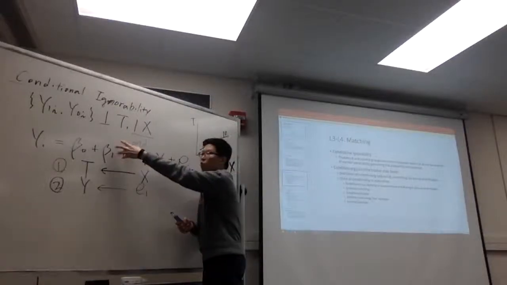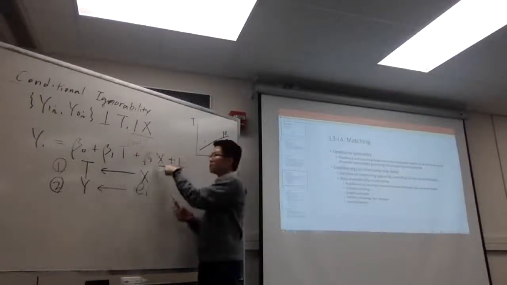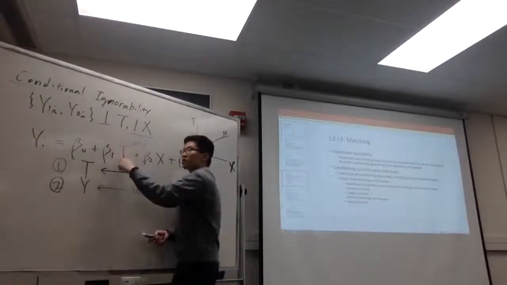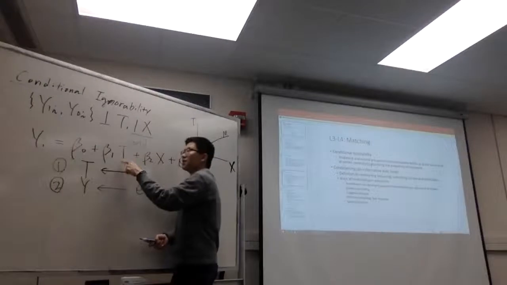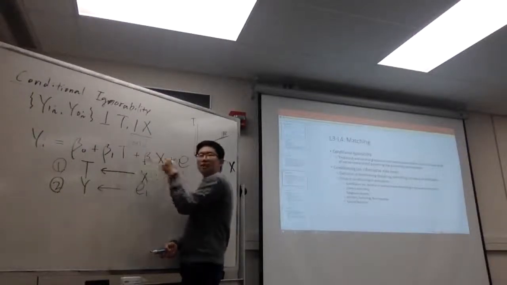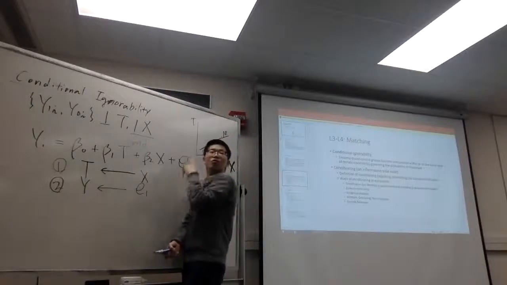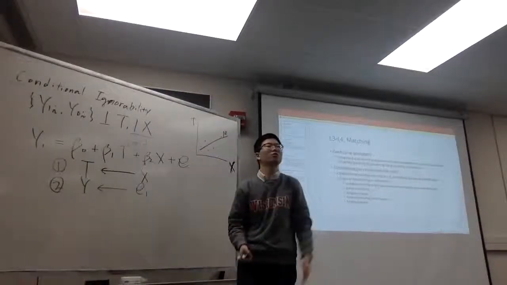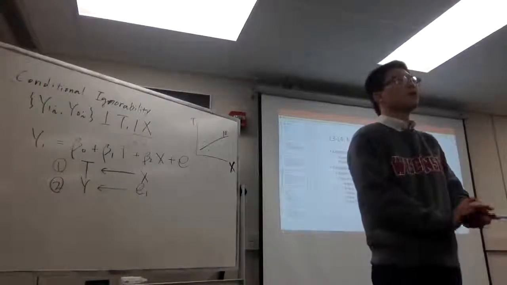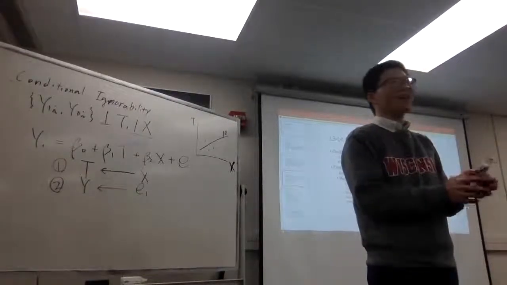This part basically absorbs the relationship between y and t that are explained by the relationship between t and x. That's how controlling works. That's what controlling in linear regression is. Am I making any sense?